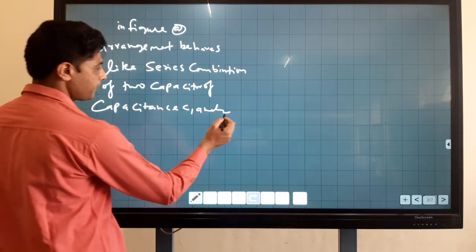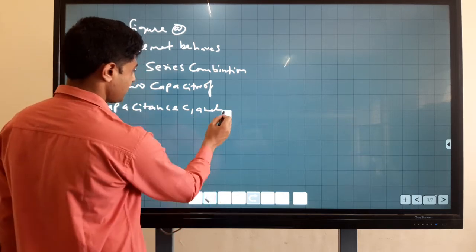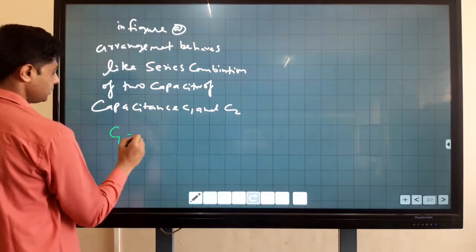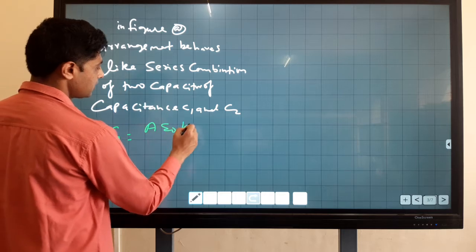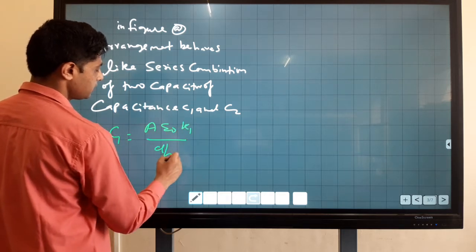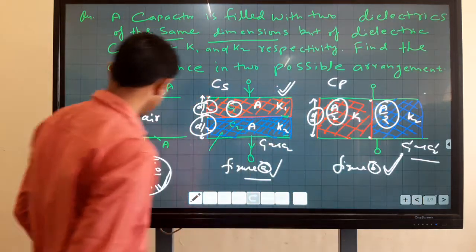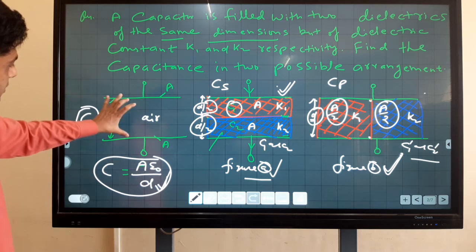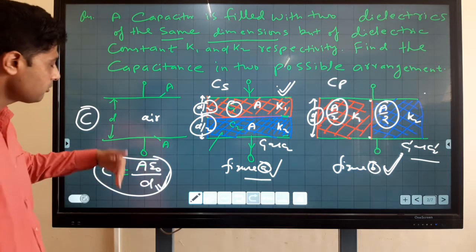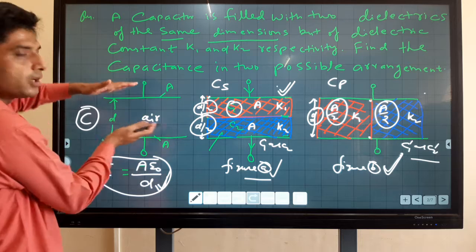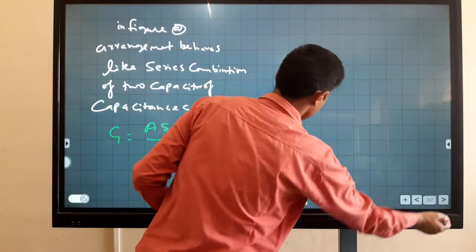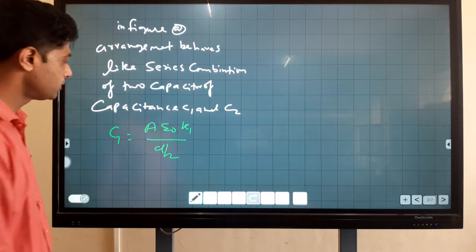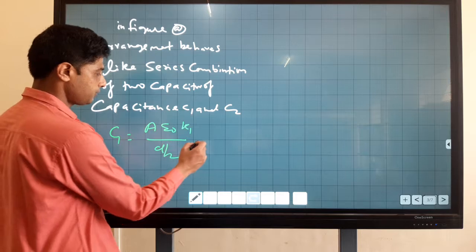The value of C1 equals A epsilon naught K1 upon D by 2, because, as you know, the capacitance with air between the plates is A epsilon naught upon D, but when a dielectric is filled between the plates the value changes, and the distance is also half.